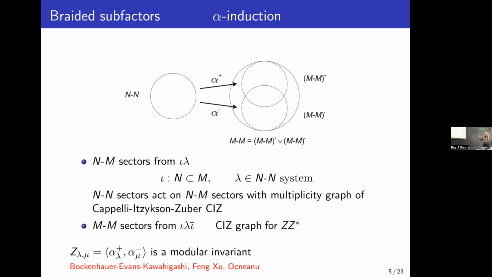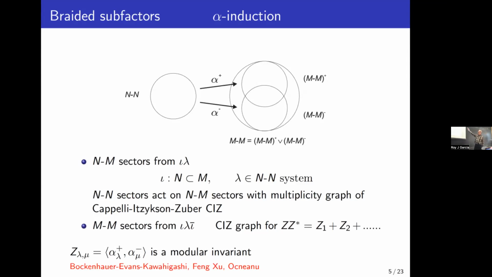But in general, you don't know whether you got these characters, and that's part of the problem of going from modular tensor category to a conformal field theory: to construct characters which transform according to your SL2Z representation. Now, this is a modular invariant because it also comes with SL2Z, but it's not usually normalized. So it can be decomposed into normalized modular invariants. Okay, so that's a rough outline of the subfactor approach to conformal field theory.